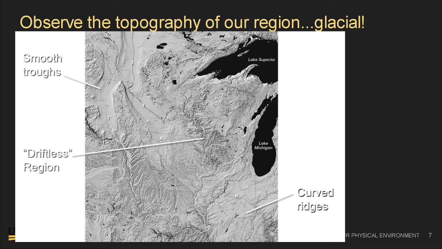Over time, this glacier advanced and receded, and when that happened, the glacier moved stuff on the surface. It moved sand, silt, clay, boulders. It deposited, of course, water as well.